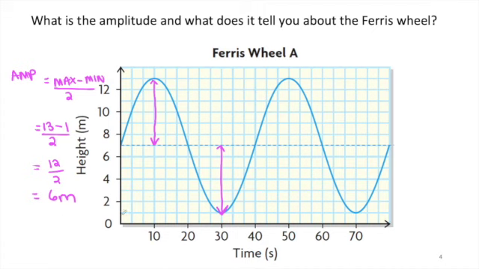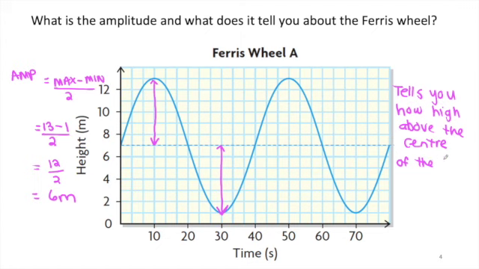Okay, what does that tell you about the Ferris wheel? If you're reading what I wrote there, it tells you how high above the center of the Ferris wheel you'll go or how far below it you'll go.